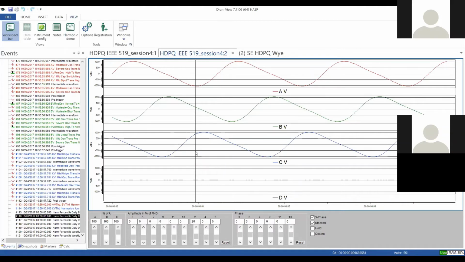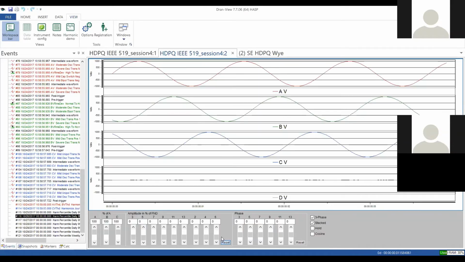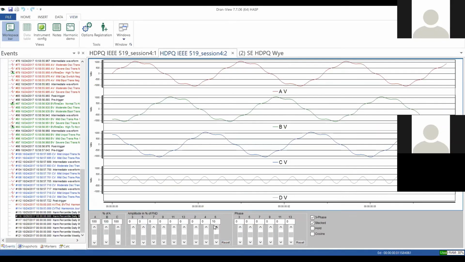But you can see these A, B, and C got distorted, but the neutral was unaffected. If I reset this, now I put in the sixth harmonic, which is the first even, even triplet harmonic. Look at the effects on the neutral, okay? So even harmonics can be triplet harmonics, but as we'll talk about in some of the coming slides, and I kind of gave away one of the questions, I think, yes, they can appear as a triplet harmonic, but they just don't happen as often.